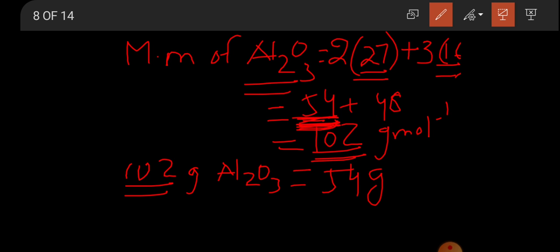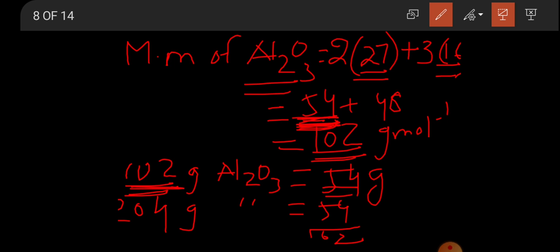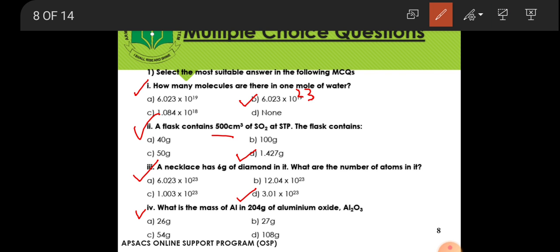And what is the question? The question is: 204 gram of aluminium oxide contains how many grams of aluminium? The answer will be 54 divided by 102 multiplied by 204, and the answer will be 108 grams.